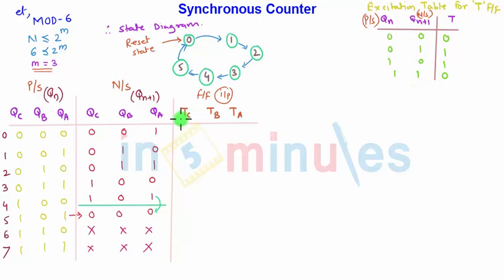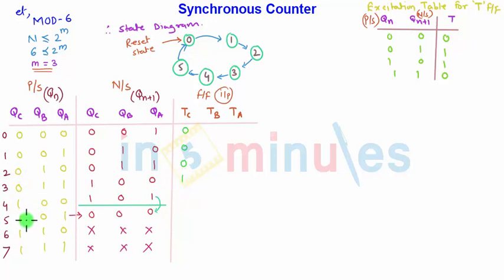For writing down TC, I will look at the column for QC in the present state and the next state. The very first combination is 0, 0. For 0, 0, TC is 0. Again 0, 0, TC will be 0. Again 0, 0, the output will be 0. For the third state, that is 0, 1, the output will be 1.